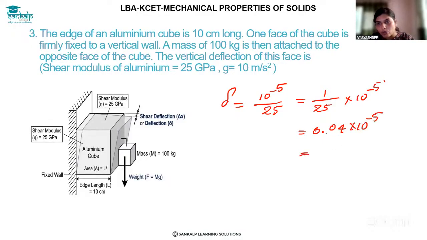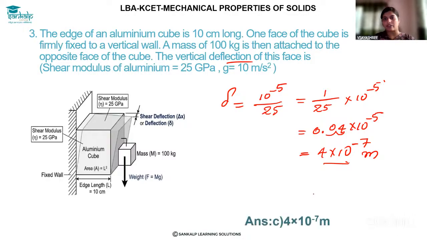I shift the decimal point two digits to the right, which is equal to 4 into 10 to the power minus 7 meter. So vertical deflection is calculated as 4 into 10 to the power minus 7. So the correct answer is 4 into 10 to the power minus 7. Thank you.